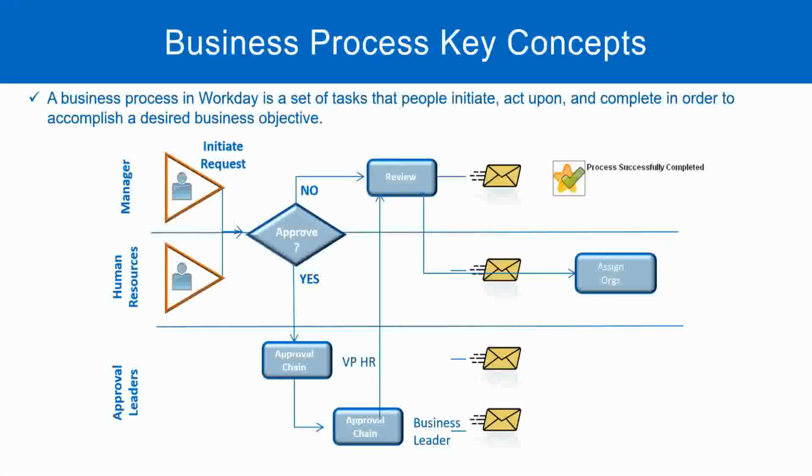Now, in this particular flow diagram, there is a sequence of tasks that needs to happen, and it needs to happen in a particular sequence. First, it would be initiated. Then it goes for approval. Then approval chain and review, and so on.